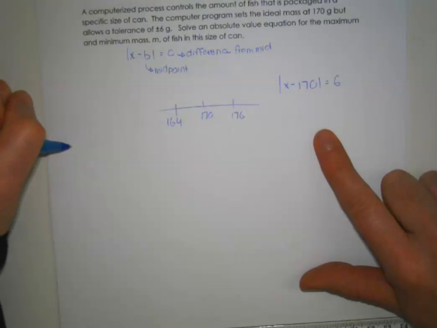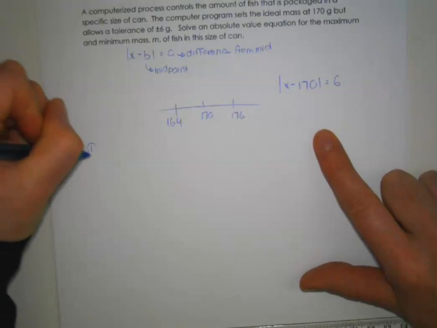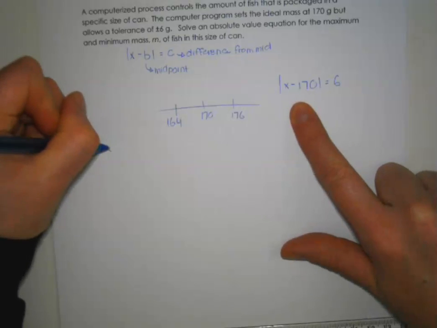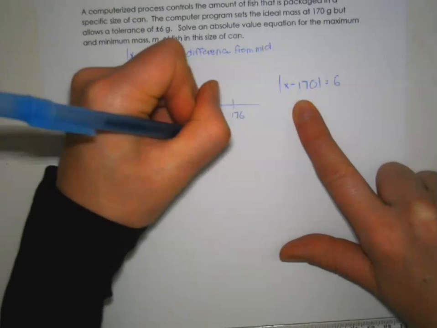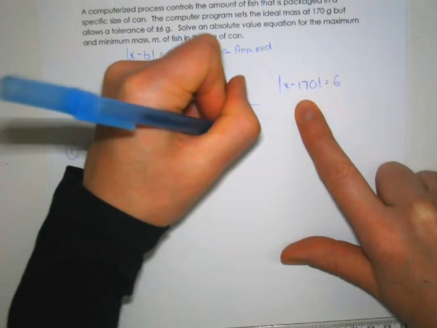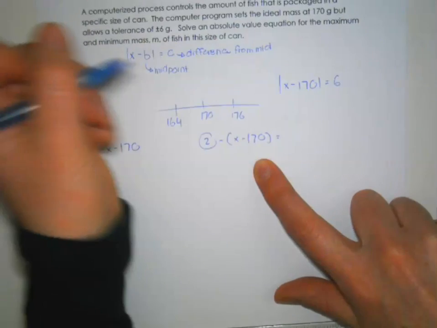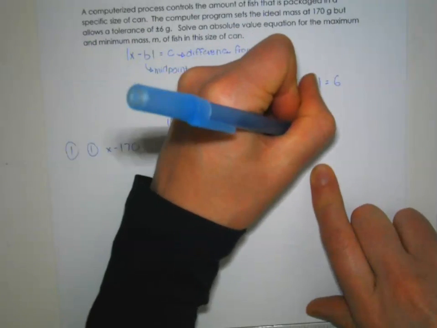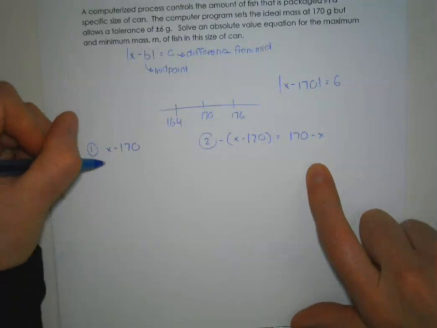So the first thing we want to do is determine the piecewise functions. For case 1, it's just going to be x minus 170. For case 2, it's going to be the negative of x minus 170. So that's basically negative times negative is positive, 170 minus x. Okay, so these are our 2 possibilities.